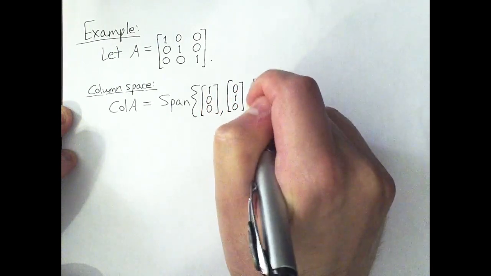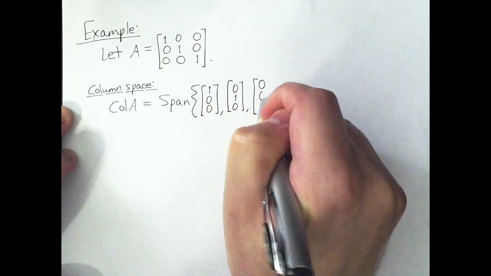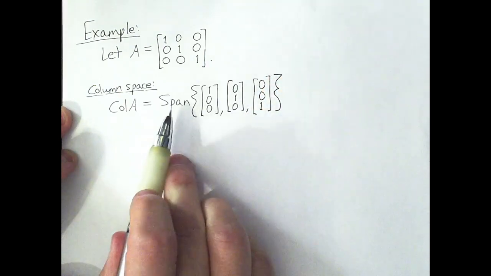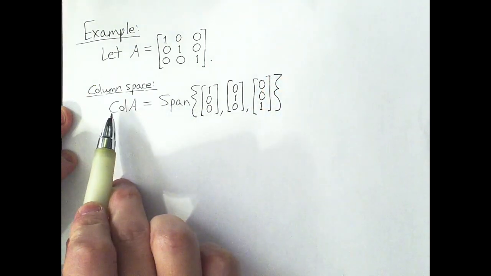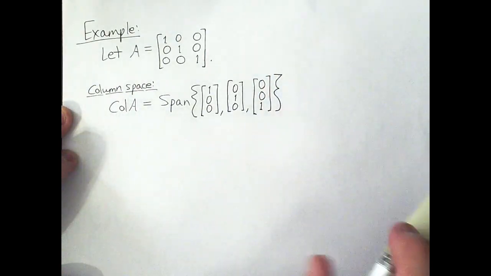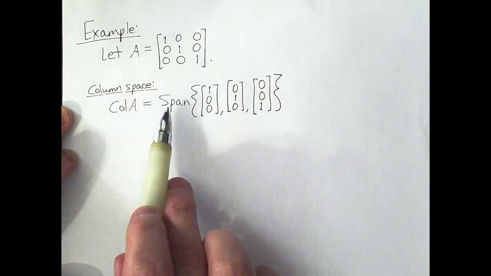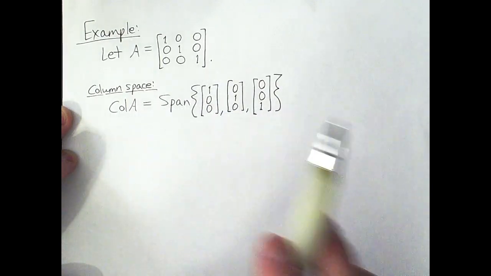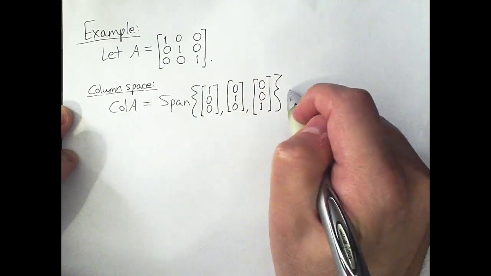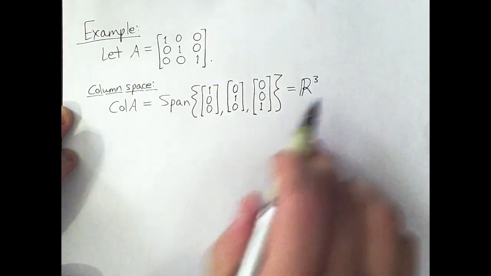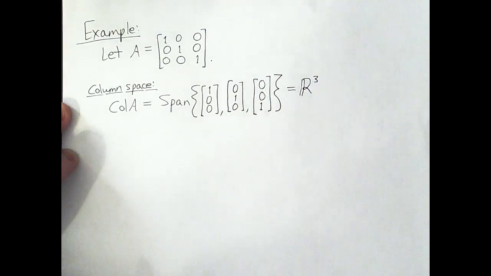Now, remember, what I just wrote has the word span in front of it because I didn't say this is a basis. I said this is the actual column space. The actual column space is the span of these three vectors. Notice that this happens to be R3. These span all of R3.